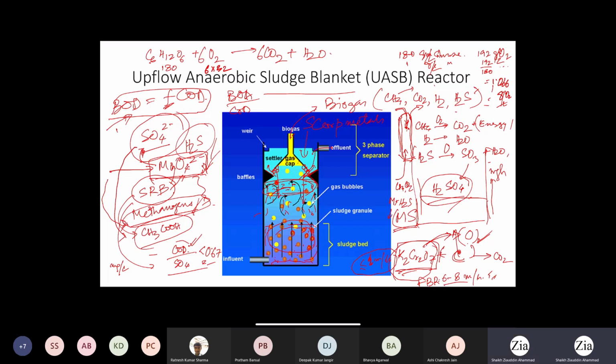Even in the initial stage, you have smaller granules, then the layer on top of the smaller granule increases and you get a bigger granule. But when you run a fluidized bed reactor, you will always have a tendency to get smaller granules going along with the liquid, and that's called entrainment loss. Entrainment loss is more prevalent when you use a fluidized bed reactor because the smaller granules go along with the liquid.